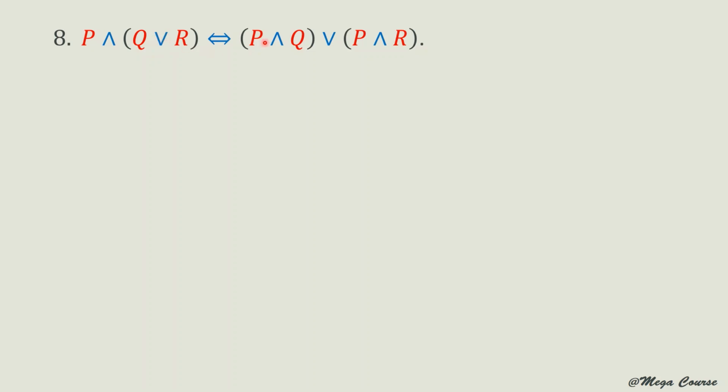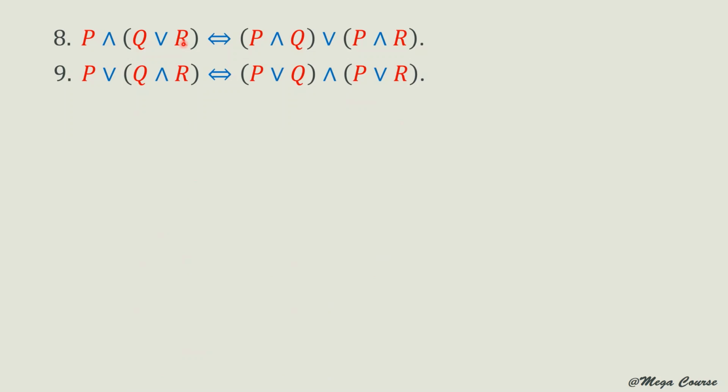Now in the second, which is equivalent to the first, "and" is inside the parentheses and "or" is in between. So we have (P and Q) or (P and R).